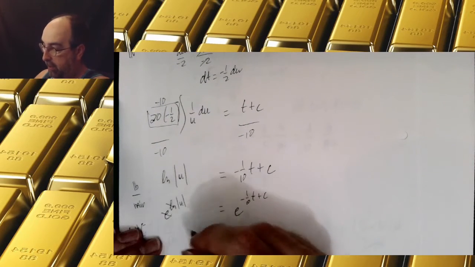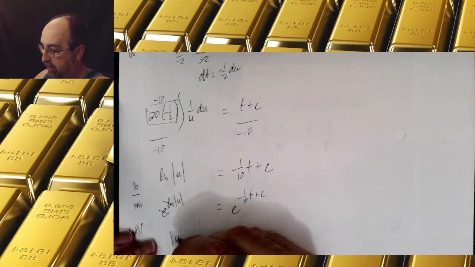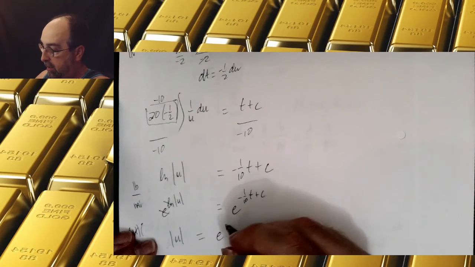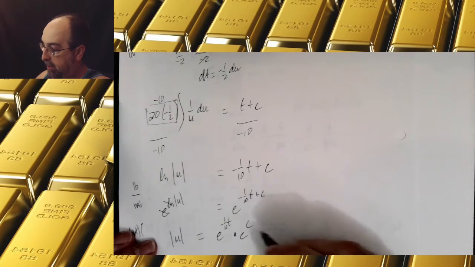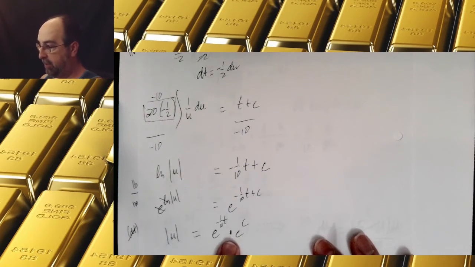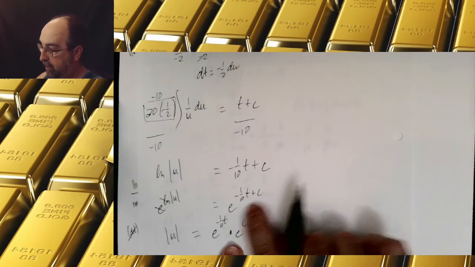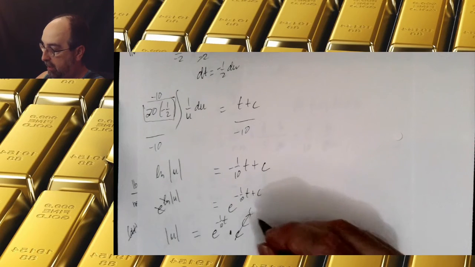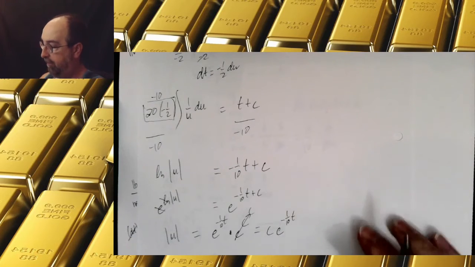And the e and the ln cancel, so we get the absolute value of u is equal to e to the negative 1/10 t times e to the c. This expression can be multiplied out and you have that. So that would prove that that is equal to this, but then this is equal to some other constant. So we just get c e to the negative 1/10 t.